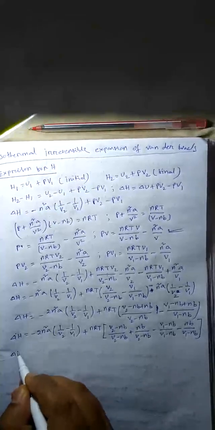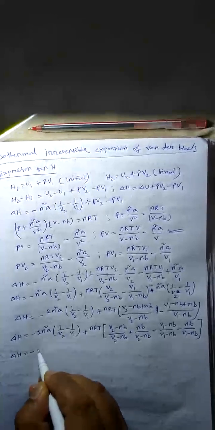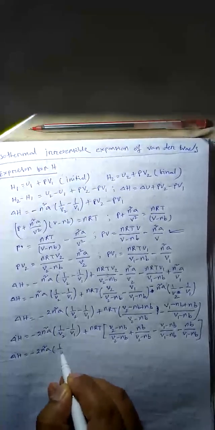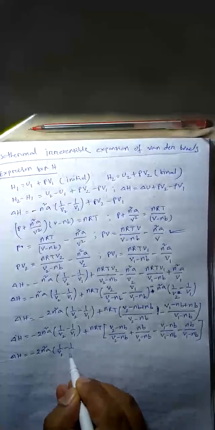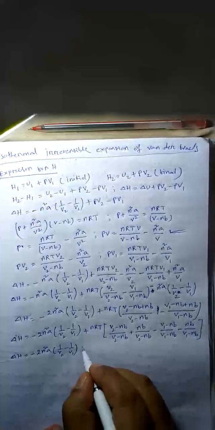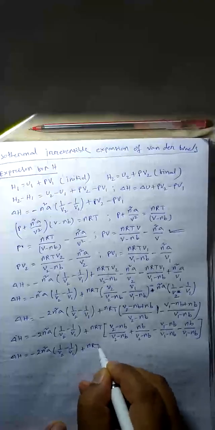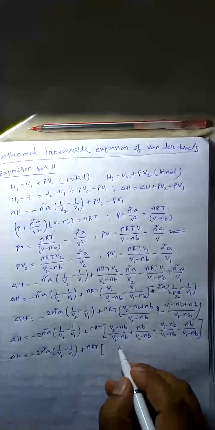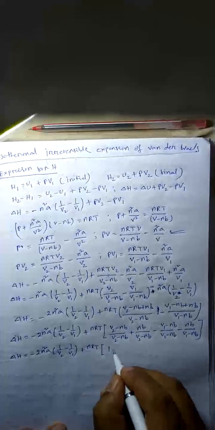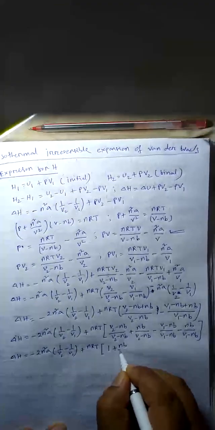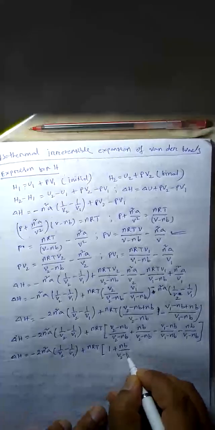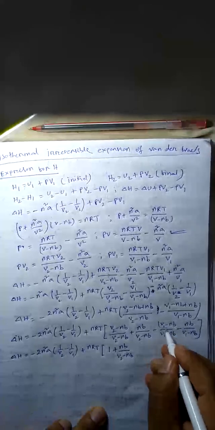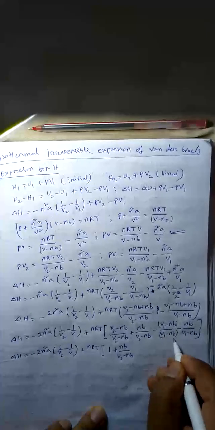Then delta H is equal to minus 2n squared a times (1/V2 minus 1/V1), plus nRT times [1 plus nb divided by (V2 minus nb)]. V2 minus nb cancels. This one cancels, V1 minus nb, make it a bracket, otherwise mistake.